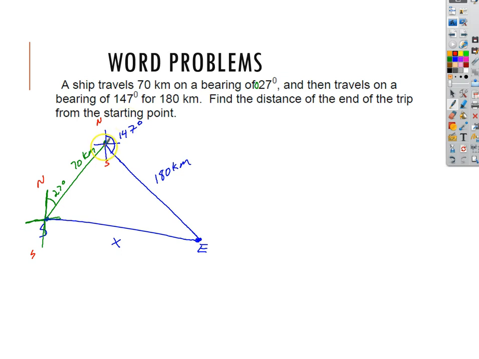So what does that mean? This is where you break out that old rule: alternate interior angles are going to be the same. That means the angle on this outside piece here is the same as this piece here, 27 degrees.